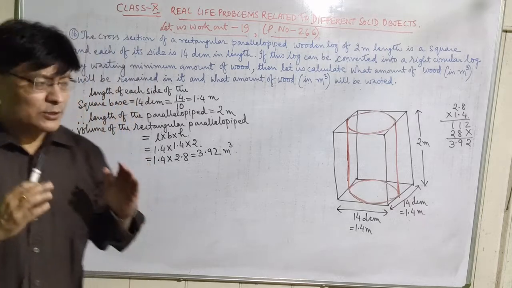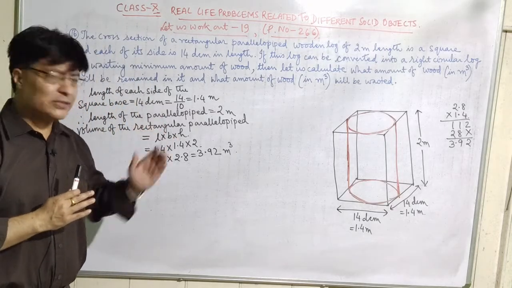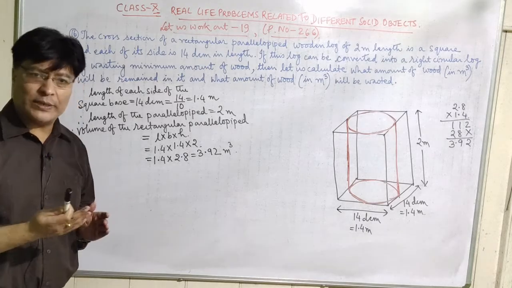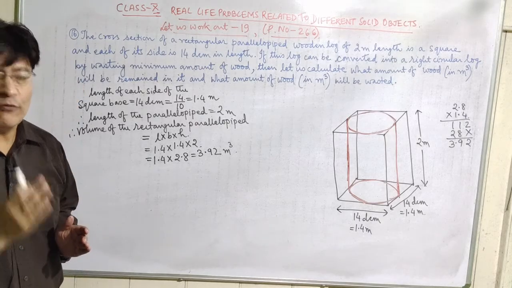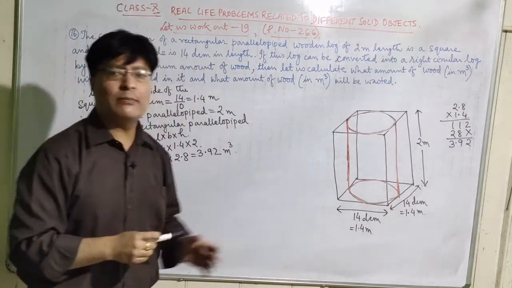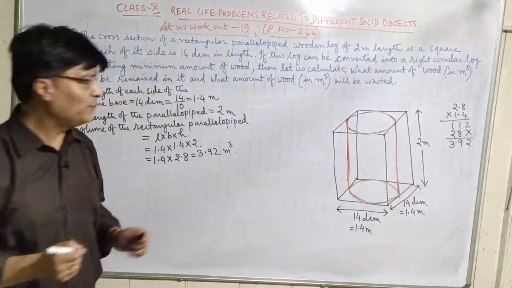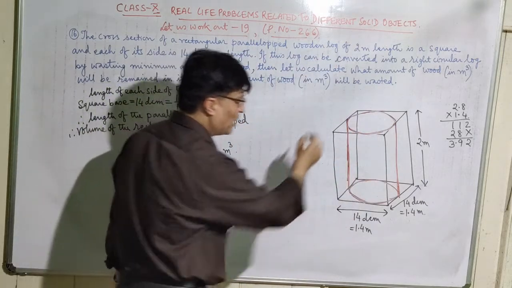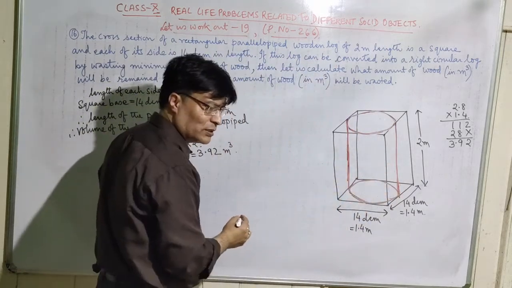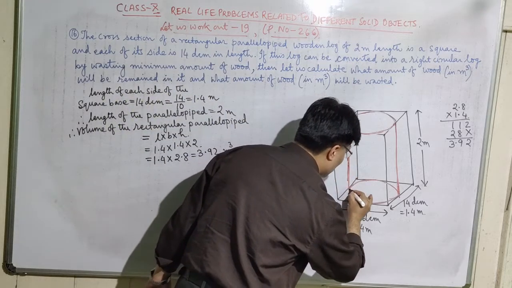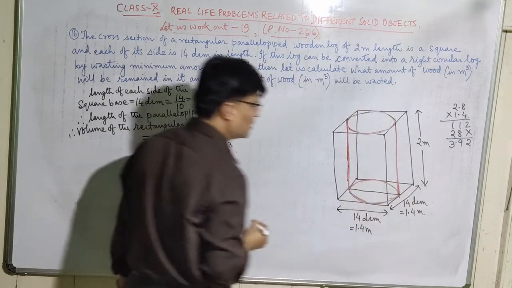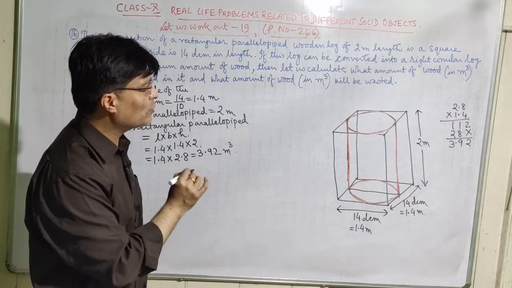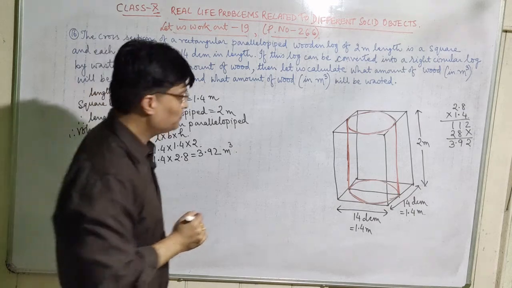Now this rectangular parallelepiped is converted into a right circular log of wood by wasting minimum quantity of wood. Here a cylinder is made by wasting minimum quantity of wood.